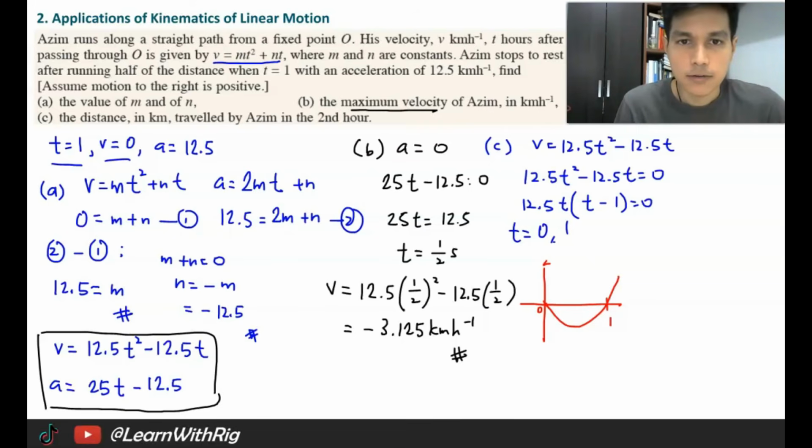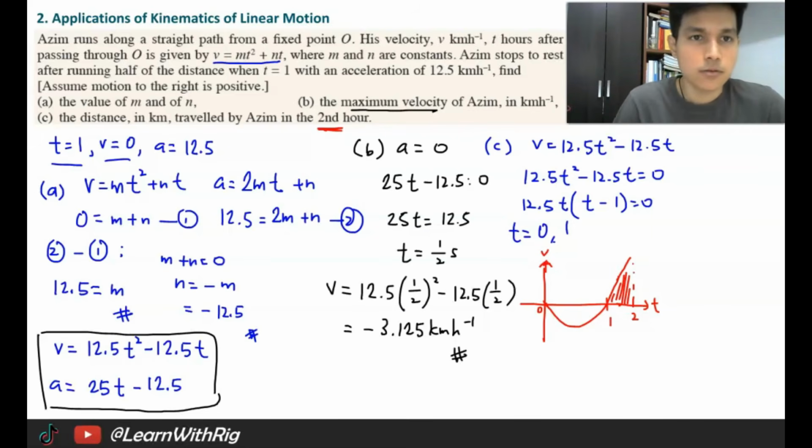They said they want to find the distance traveled in the second hour. So that means you are going to find here. Let's say here is t equals 2. Here is the velocity. So you want to find this area between 1 and 2.